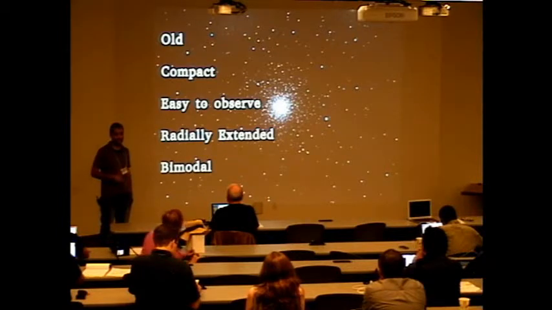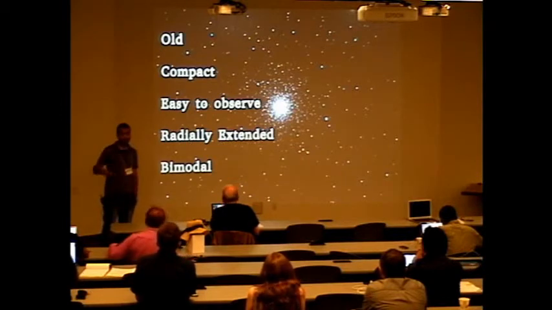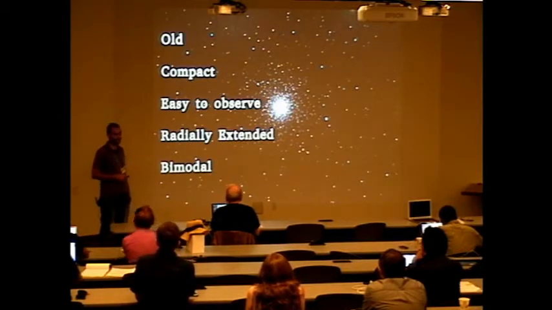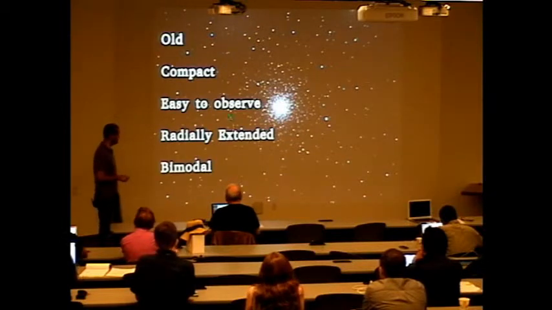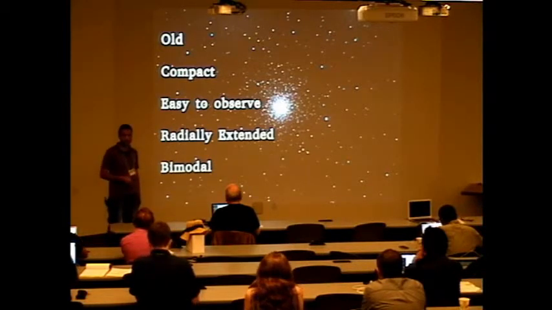Another great property of globular cluster systems is that they are bimodal in color or metallicity. This means you have two globular cluster subpopulations living in the same potential well of the underlying galaxy, but they behave very differently from each other.